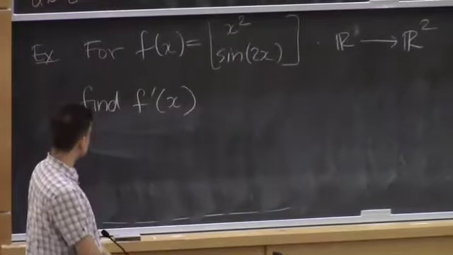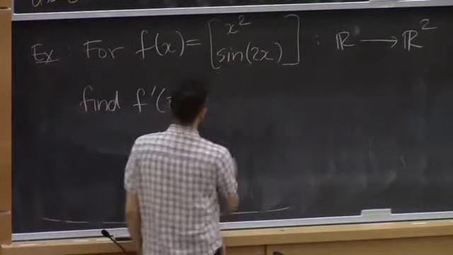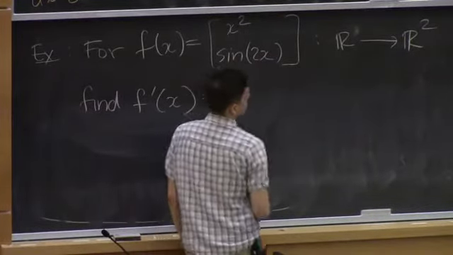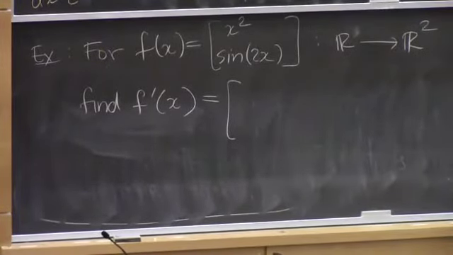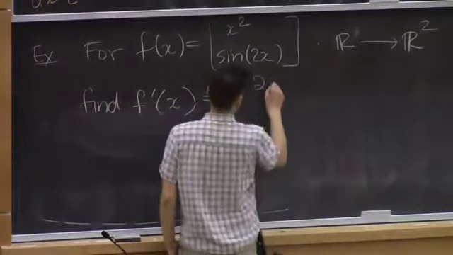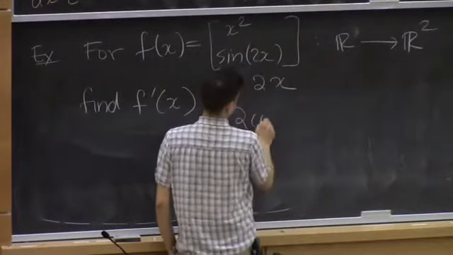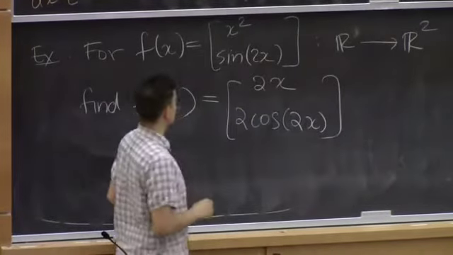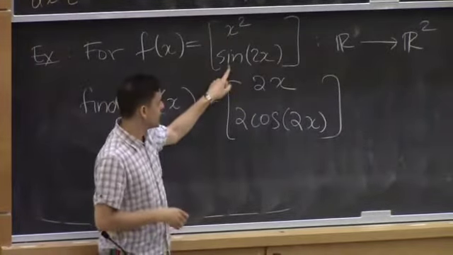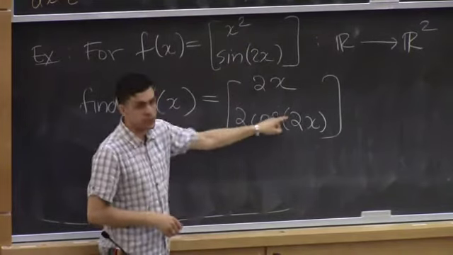So let's find the derivative here. So this fact is telling us to take derivatives component by component. So we get 2x here, and then the derivative of that gives us 2 cos 2x.